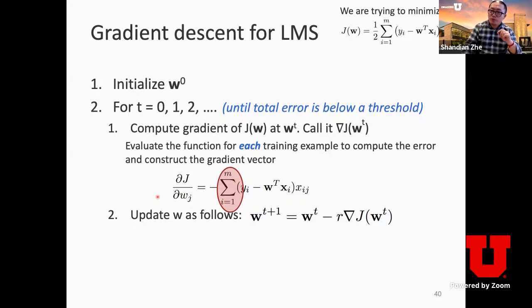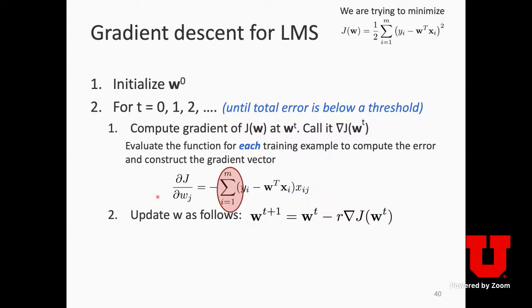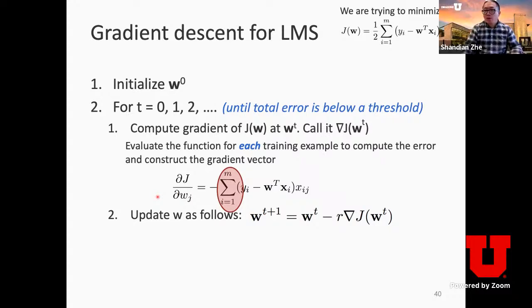Now, what is the issue here? Any expected complaint? It will be slow. Yes, it will be very slow, right? If you only have 100 examples or even 1,000 examples, that might not be a big deal. You just calculate, it's very fast.